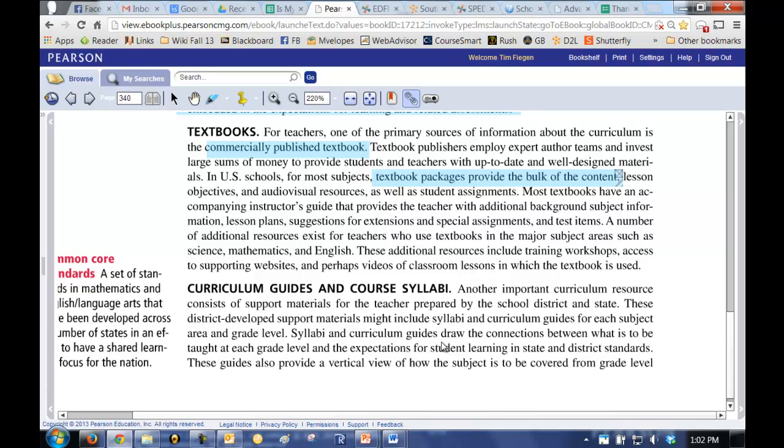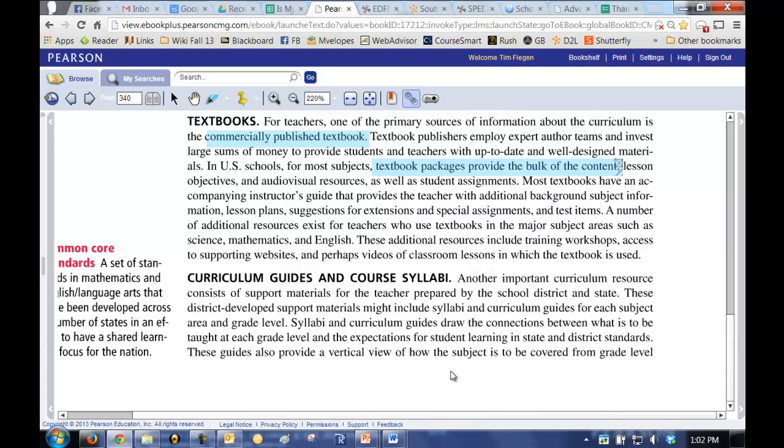Often the districts, especially big districts, will assist in that or really take control of it. They can draw connections between what is to be taught at each grade level, the expectations for student learning and standards, and often provide those assessments right with it.